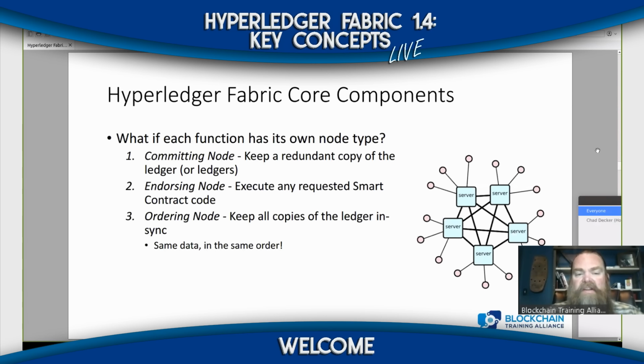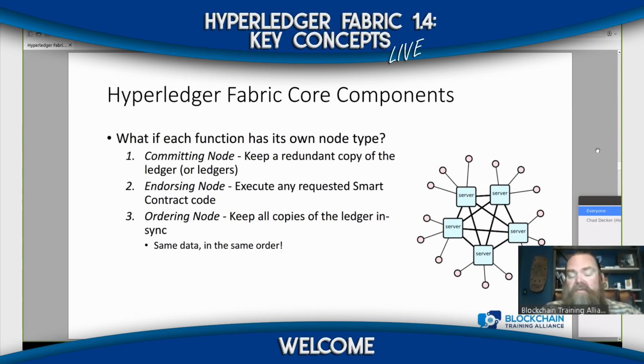Well, that's what the endorsing nodes on a Hyperledger Fabric network are going to do. The only thing they exist to do, or their primary function, is to execute smart contract code. Now, they will also, just like the committing nodes, keep a redundant copy of the ledger. That way we have even more redundancy, and the endorsing nodes can do this because it doesn't really add any overhead.